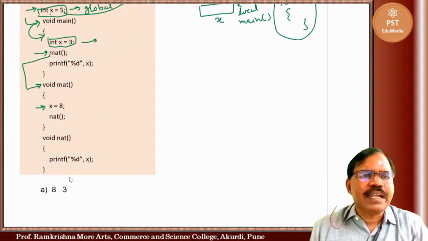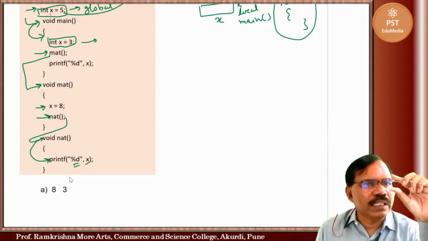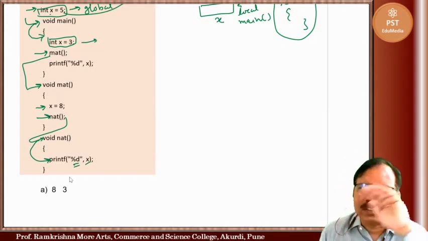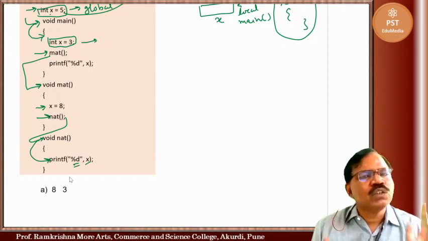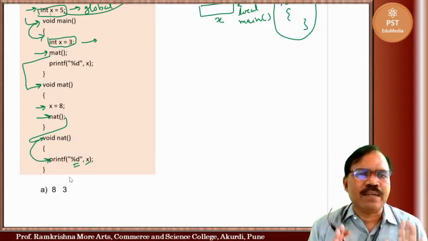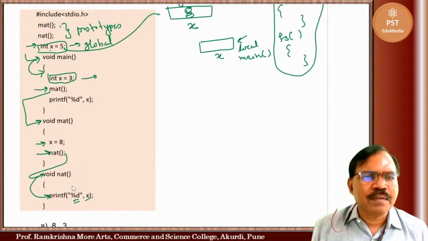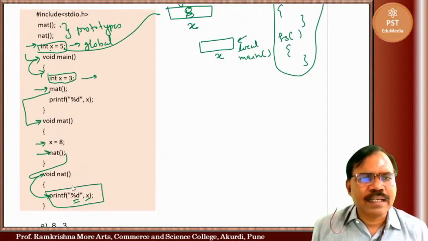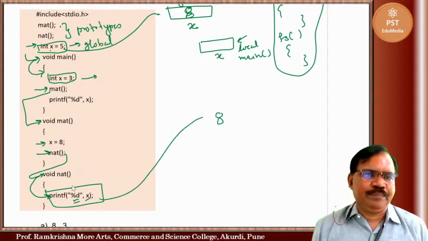Then nat function is called, so it will go to nat function and execute printf %d x. In mat function x is not declared, and in nat function x is not declared, so it will take the value of the global variable x. So 8 is printed.